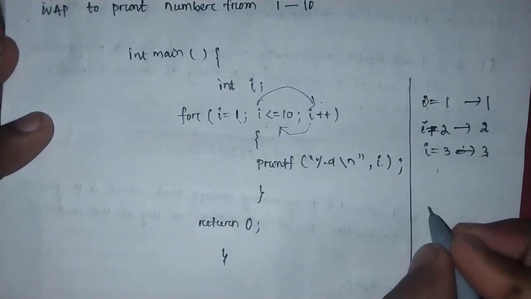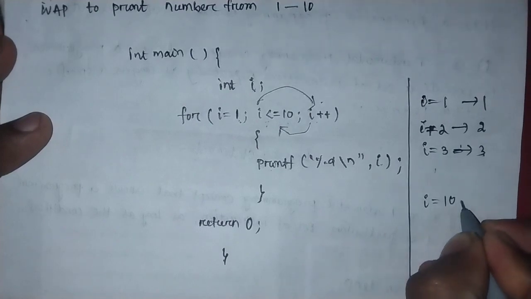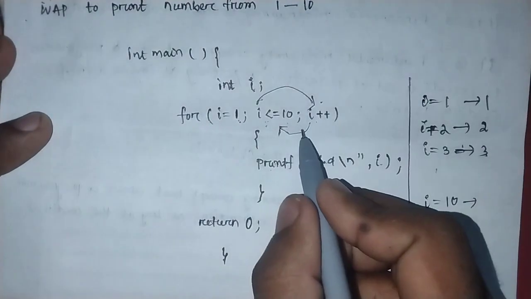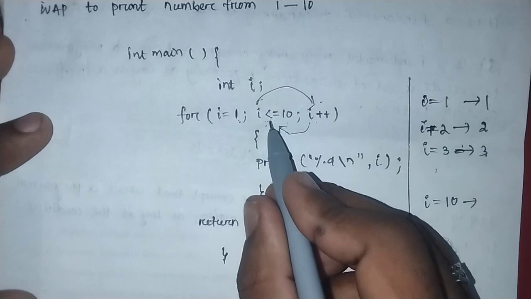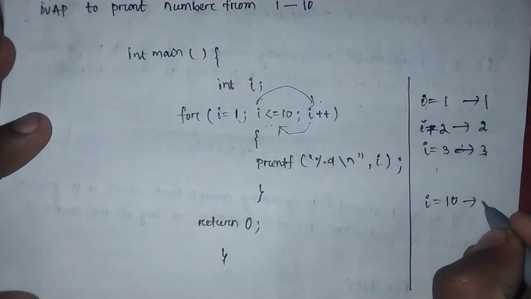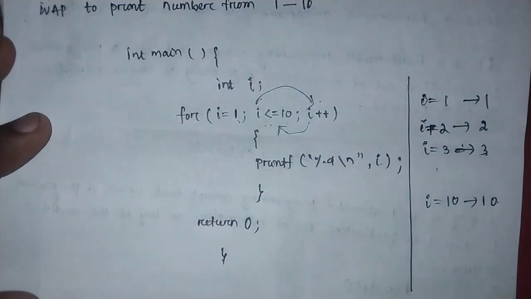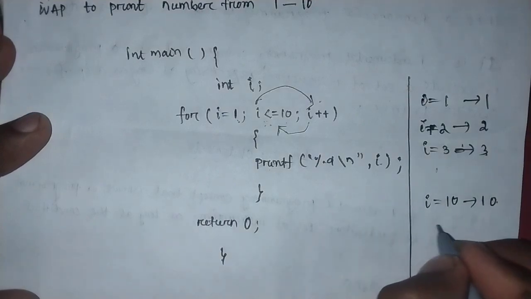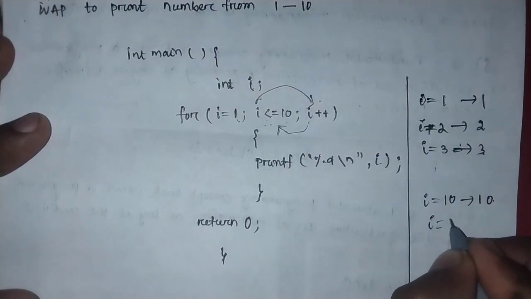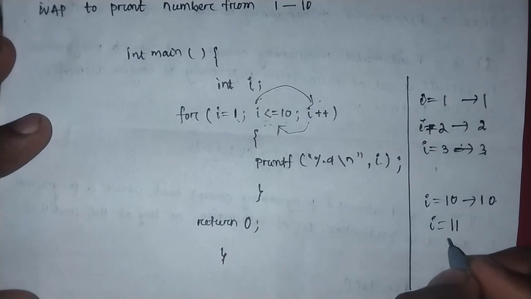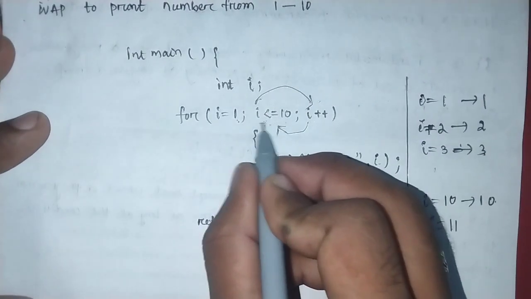And so on till i equal to 10. It will check, is i less than or equal to 10? Yes, true. Then it will print 10. After this it will update i to 10 plus 1, 11. After that it will check whether it is less than or equal to 10 or not.